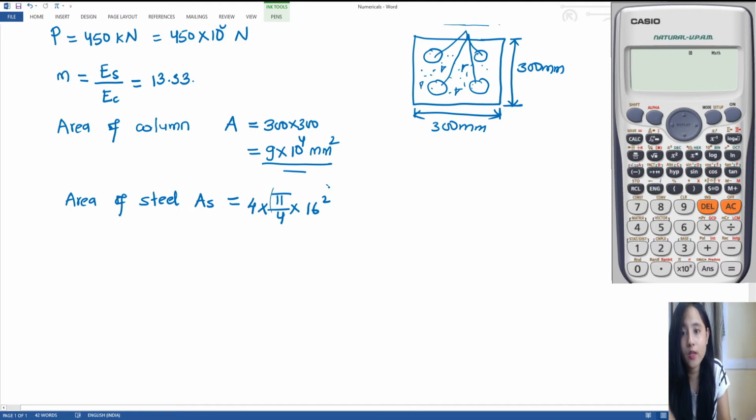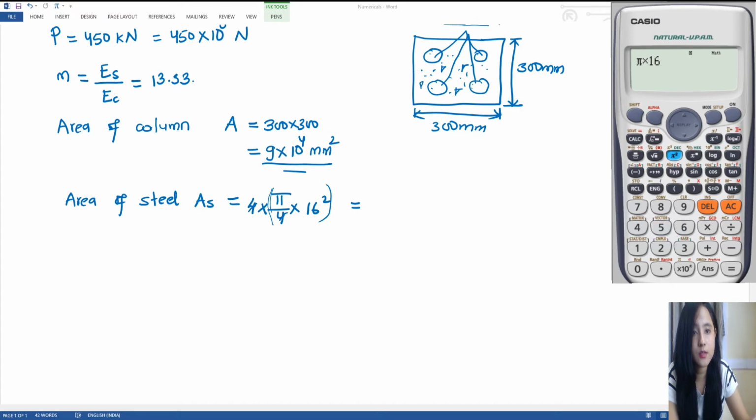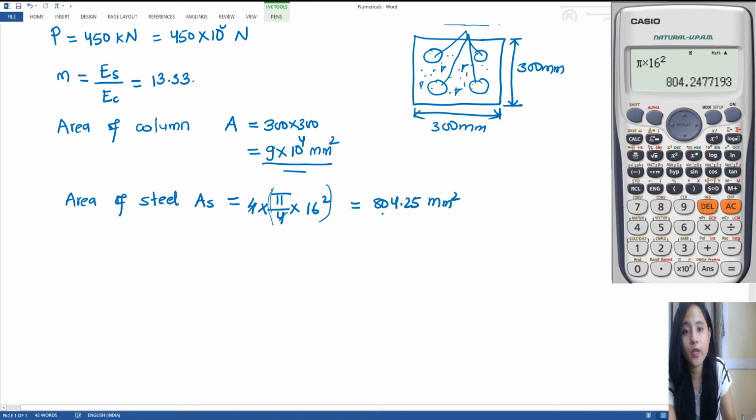This is for one bar, and multiplying by 4 gives the area of the whole steel used in this column. Cancelling, we have pi into 16 square, which gives 804.25 mm square.